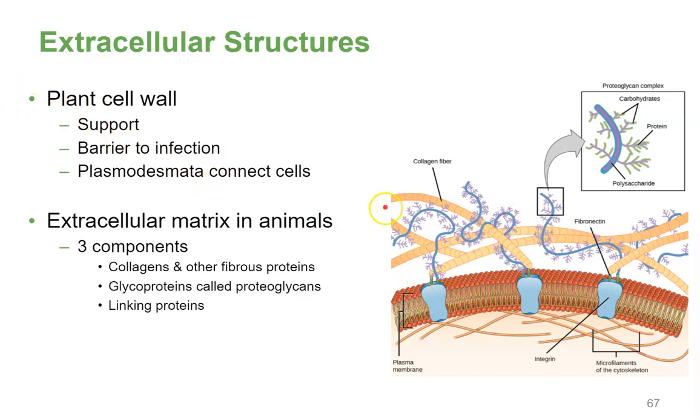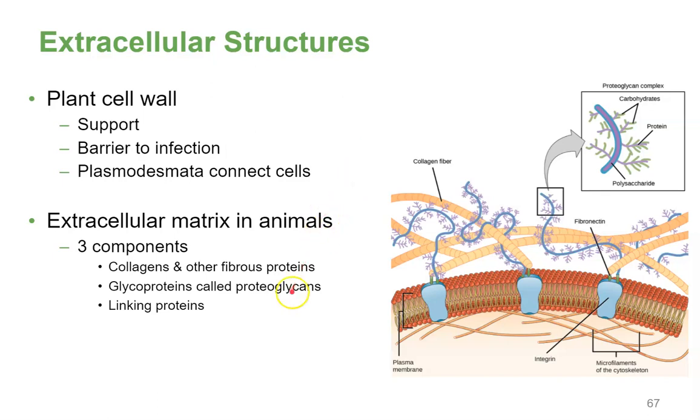So in plant cells, the extracellular matrix is usually made up of the cell wall, and that helps provide support. The cell wall is not usually completely solid, so there still is some movement for wastes and nutrients.